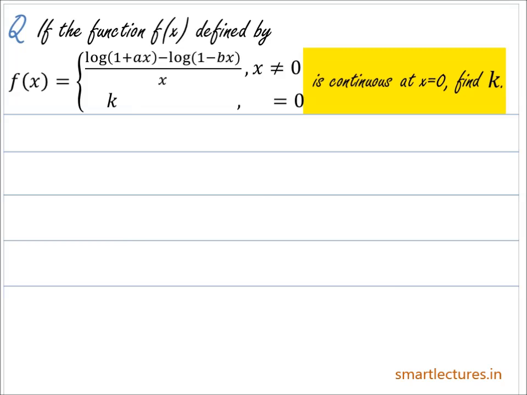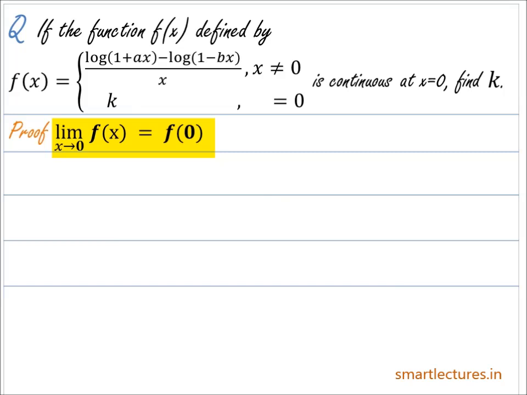Now we are given that the function f of x is continuous at x equal to 0, which means its limit at the point x equal to 0 is equal to the value at the point x equal to 0, or in other words, limit x approaches 0, f of x is equal to f of 0.